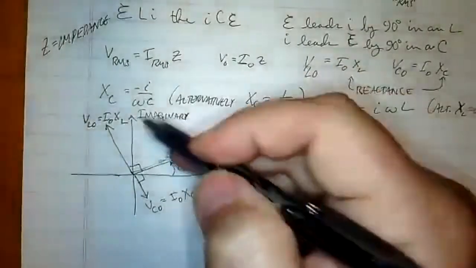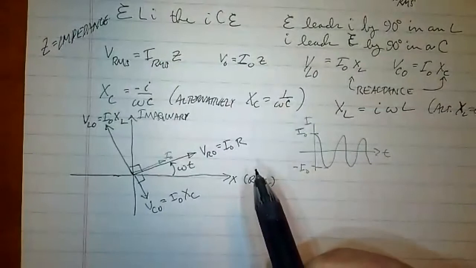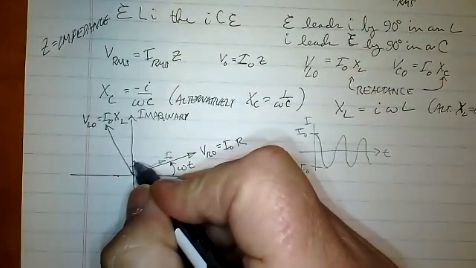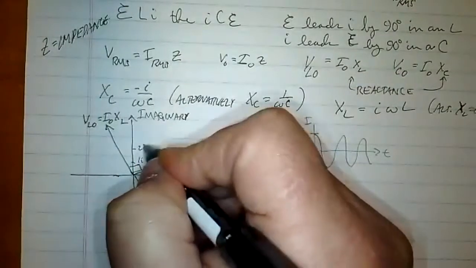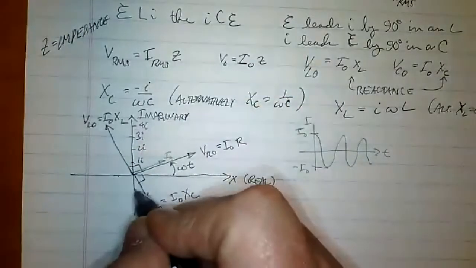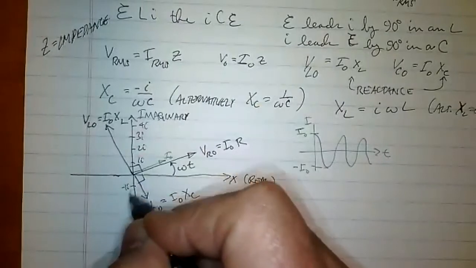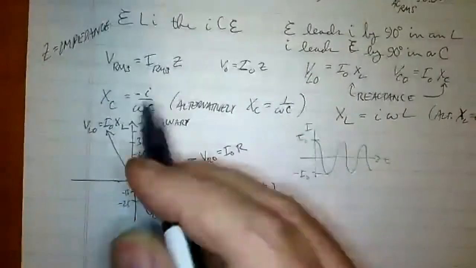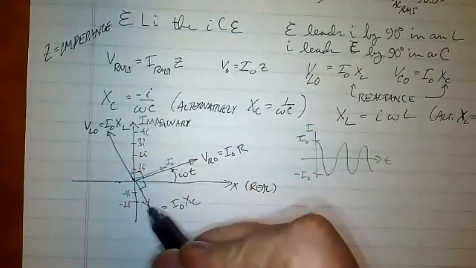So if you're treating this vertical axis as imaginary, then any number on here, like 1, is technically 1I, 2I. So this might be 1I, 2I, 3I, 4I, and this might be negative 1I, negative 2I, and so forth. So you can see now, if I did that, that negative I times omega C literally puts this down here on the bottom.